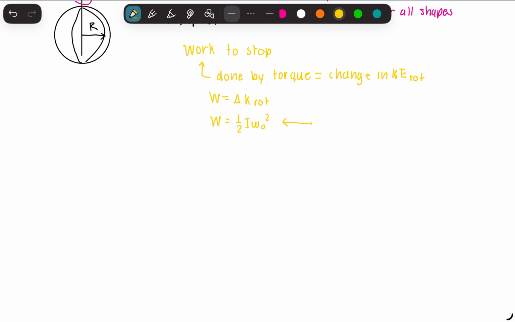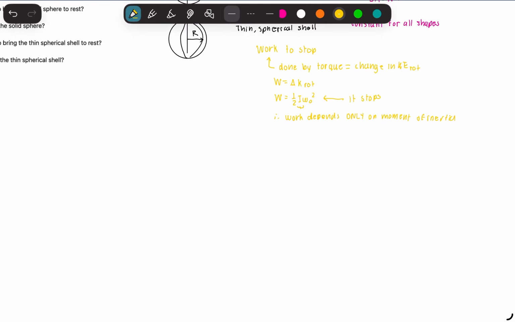This is because it stops. Therefore, we know that it depends only on the moment of inertia.